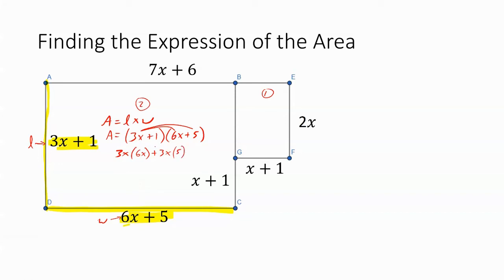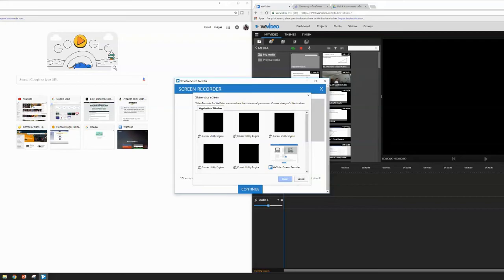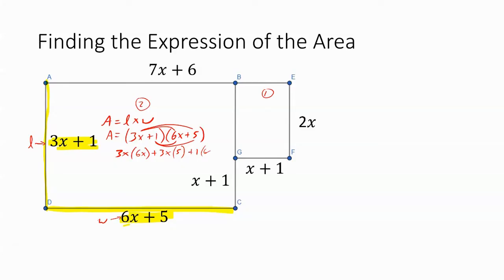But don't forget, this 1 is also going to distribute to both terms in that cell. So we're also going to have 1 times the 6x, and the 1 times the 5.